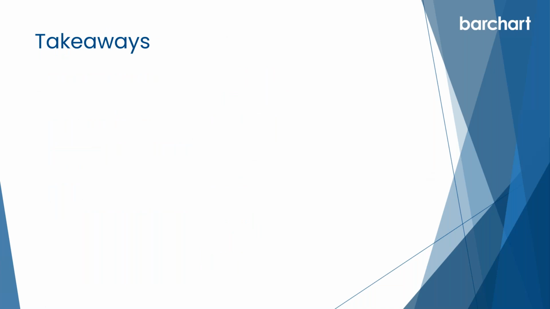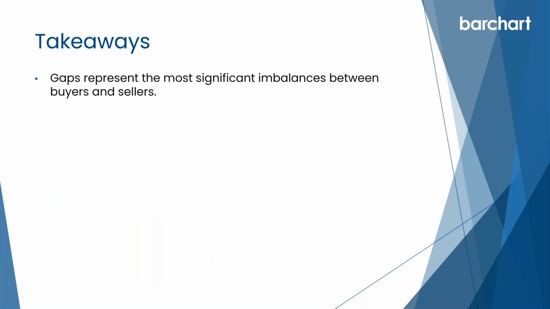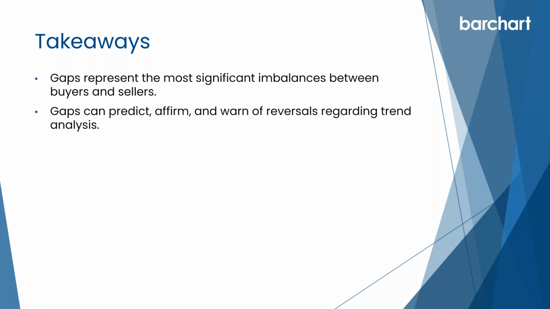And so what are some of our takeaways of today's session? Remember that gaps represent the most significant imbalance between buyers and sellers. We've learned now that gaps are an absence of buyers or sellers, and this is very significant in terms of looking for potential opportunities. Gaps can predict, affirm, and warn us of reversals regarding that trend analysis.